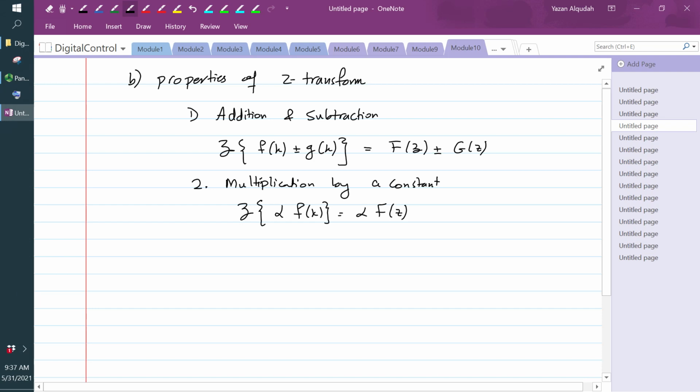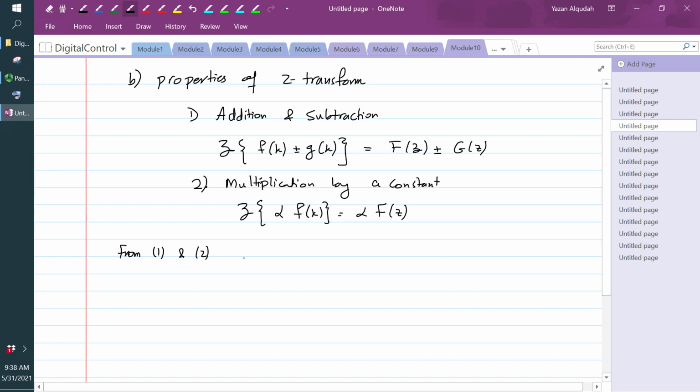Now if I look at these two properties, property 1 and property 2, it shows that the Z transform satisfies the superposition property, and therefore the Z transform is a linear operation.